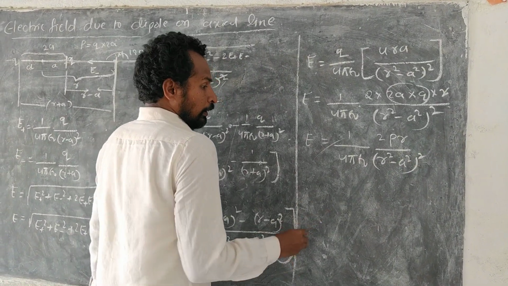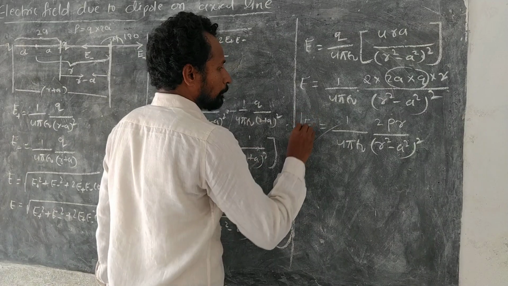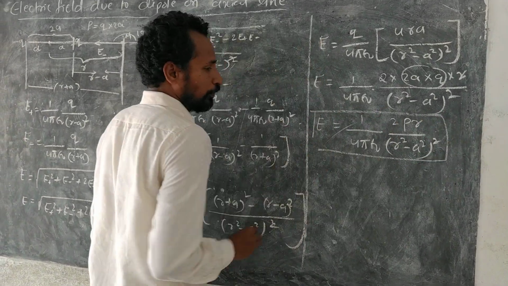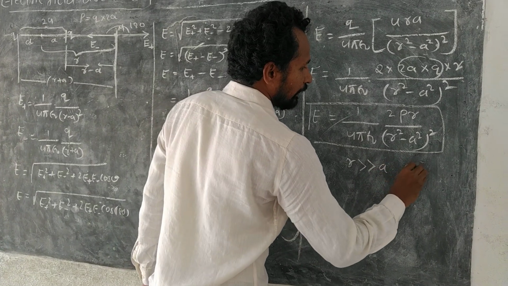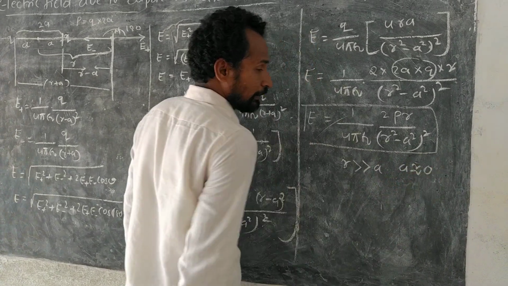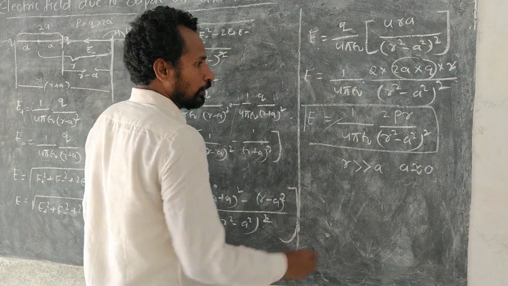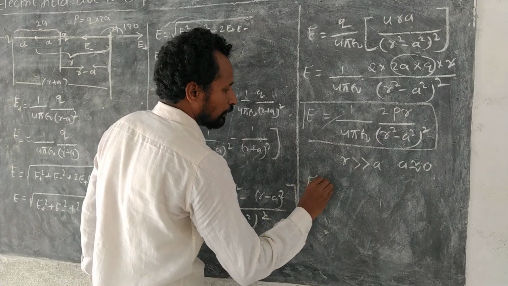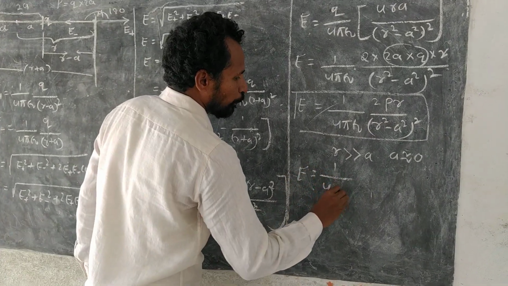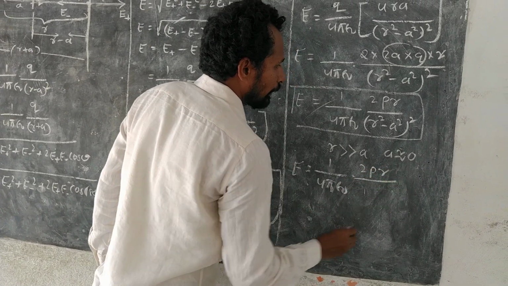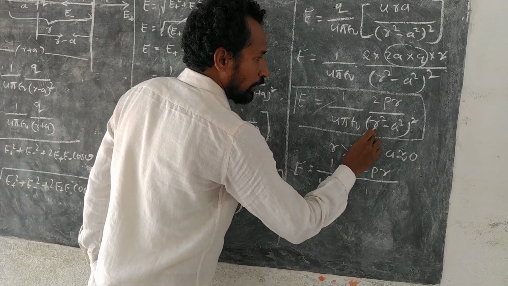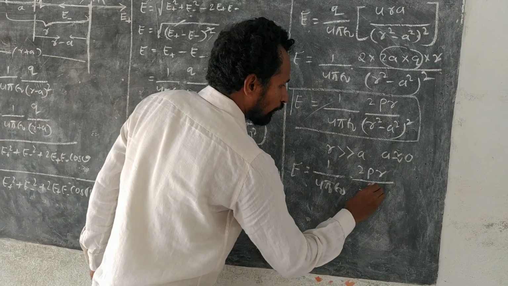Now, this is for a long dipole. For a short dipole, r is very much greater than a, so a we approximately neglect, or make it 0. Then substituting, E is equal to 1 by 4 pi epsilon naught, 2 p r by (r square) whole square, that is r power 4.